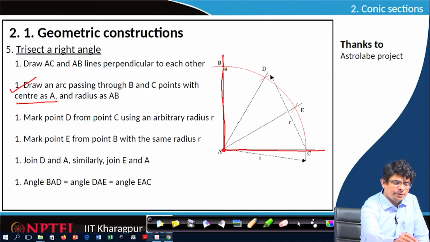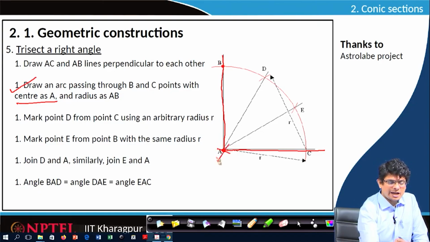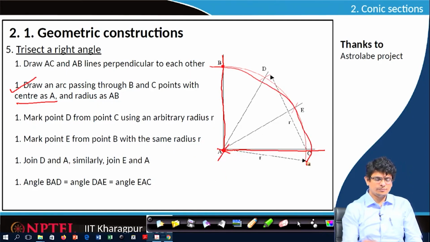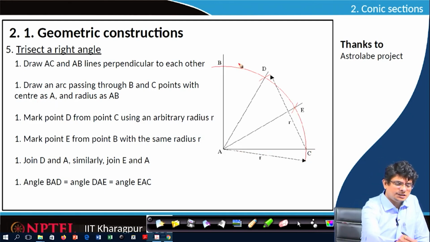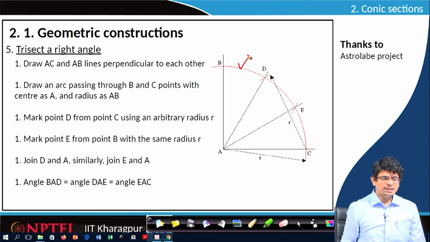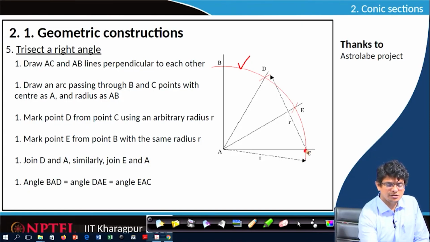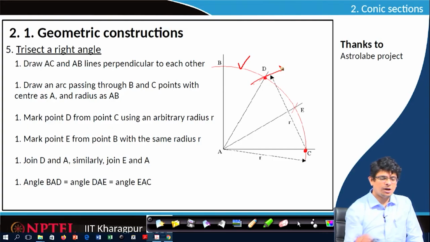Use A to B as radius, A as center, draw a curve, that is this arc. Once it is done, mark point D from point C. So, C is this point and D is that point. Use an arbitrary radius, mark a point.